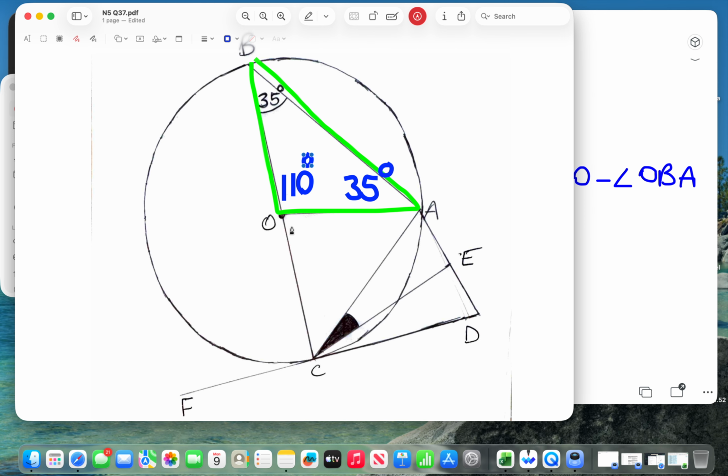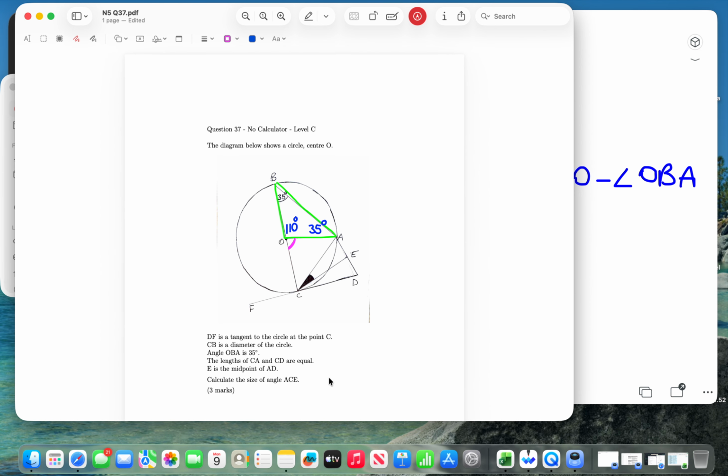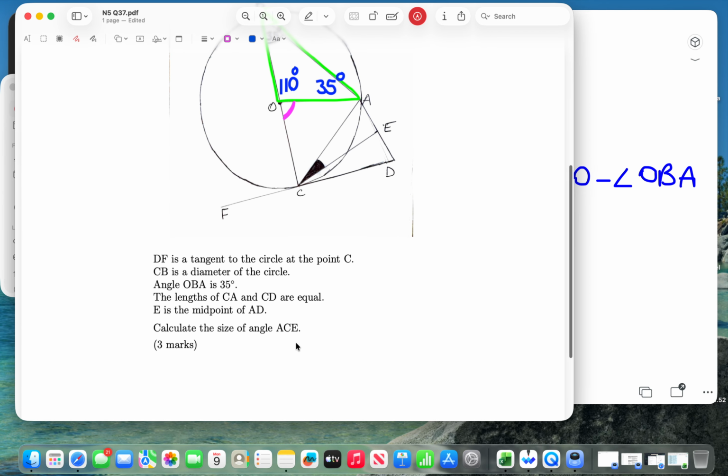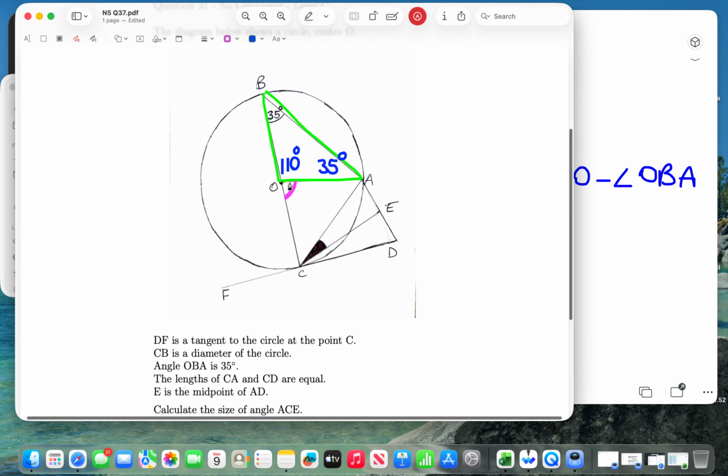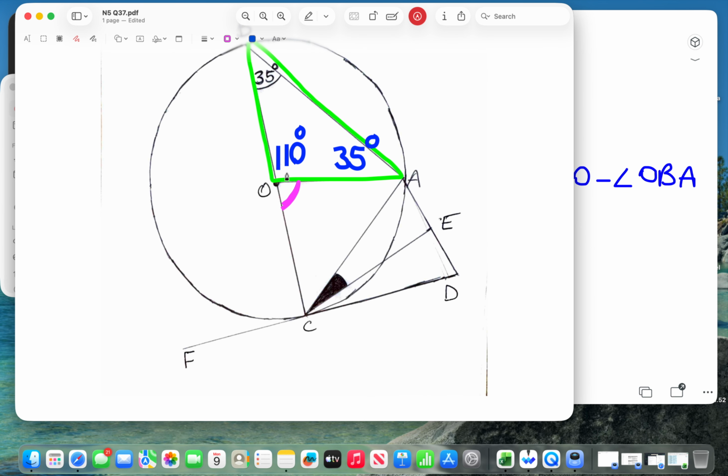This angle is the next one, and you see that BOC is a straight line. How do we know that? Because CB is a diameter to the circle. So angles on a straight line add up to 180.